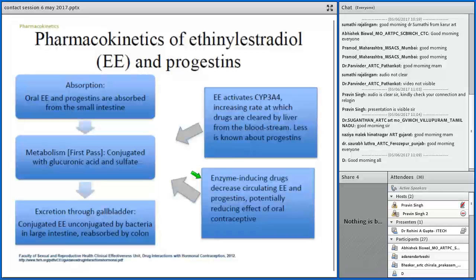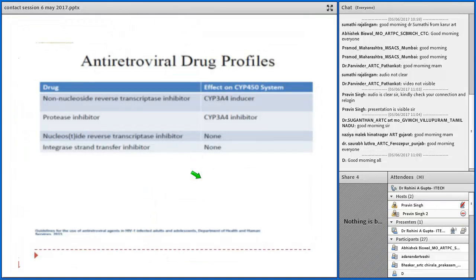So what will happen? Enzyme-inducing drugs decrease circulating estradiol and progesterone, so there is potential for reducing the effect of oral contraceptives. What about antiretroviral drugs and their effect on these liver enzyme inducers?